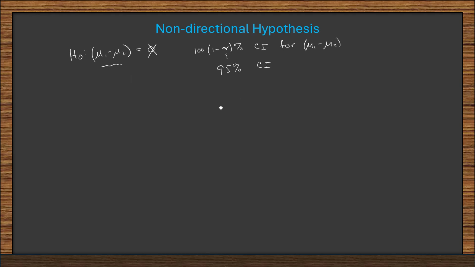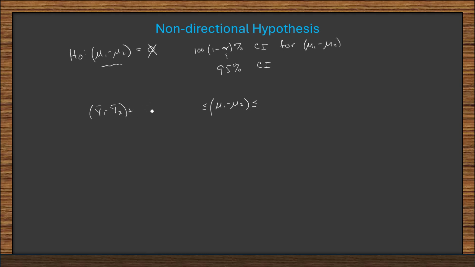as shown here. And so the interval, as I said, is for the difference in population means. We're going to have a lower limit and an upper limit. First, we'll put in our statistic of interest, which is estimating the parameter, which is the difference in sample means. Then we're going to add a margin of error.